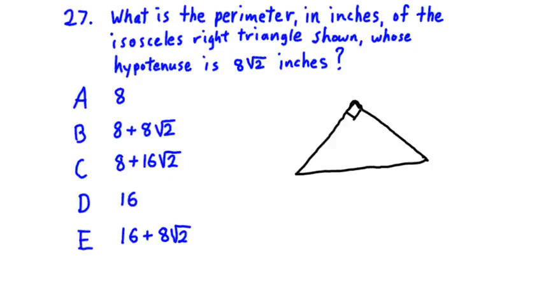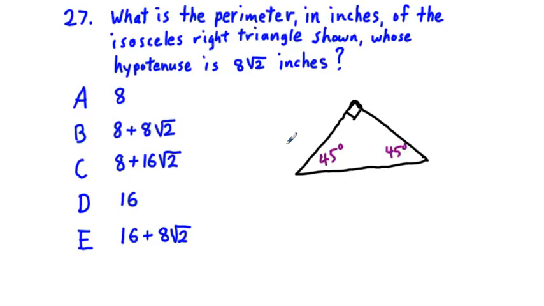Next, 27. What is the perimeter in inches of the isosceles right triangle shown, whose hypotenuse is 8 square root of 2 inches? For this isosceles right triangle, we should know that these angles here are 45 degrees.